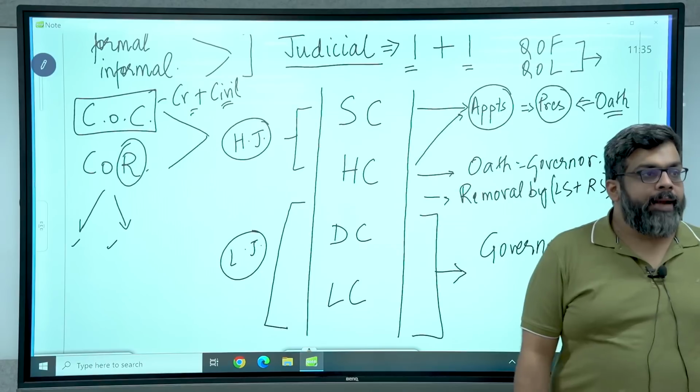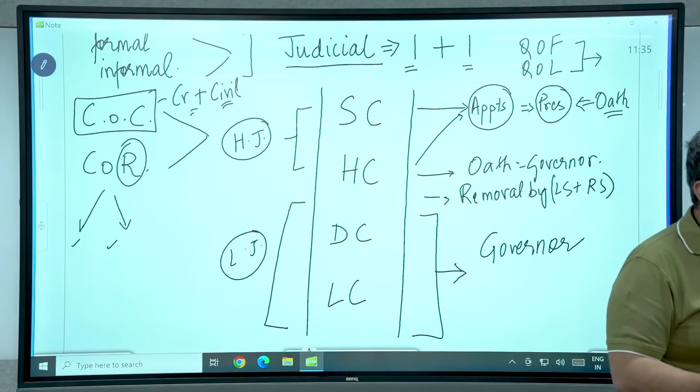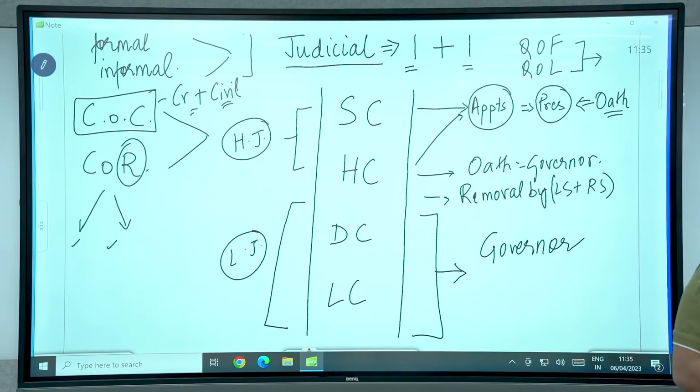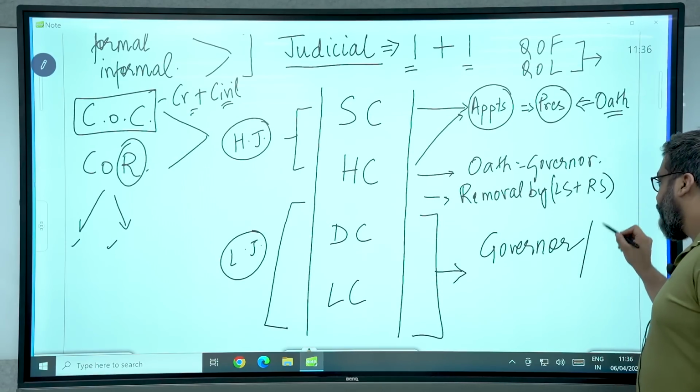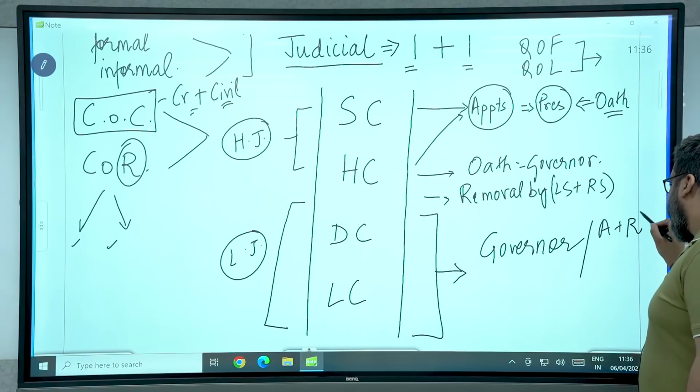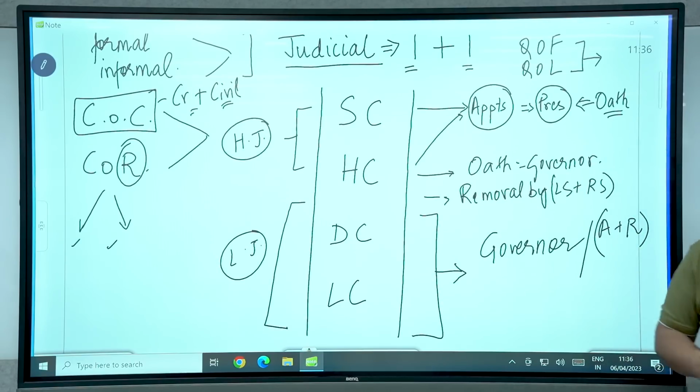And because, in a way, these are executive appointments, they are also removed by the governor. There is no impeachment removal process. For members of the lower judiciary, the governor handles both removal and appointment. Clear? Done.